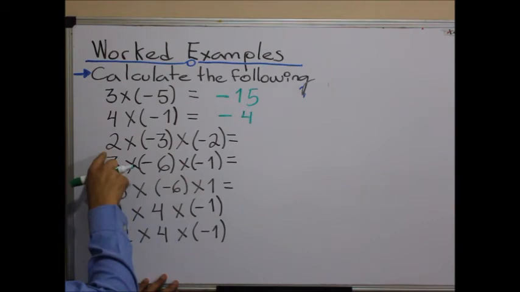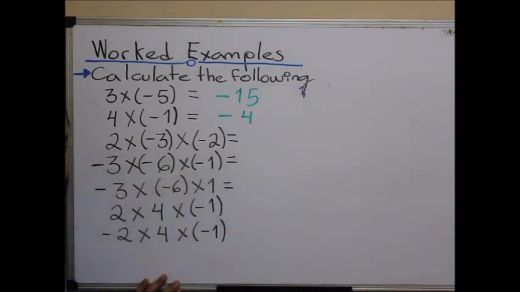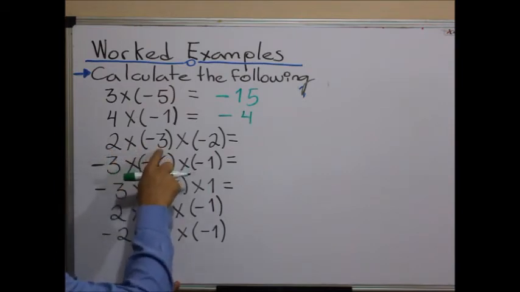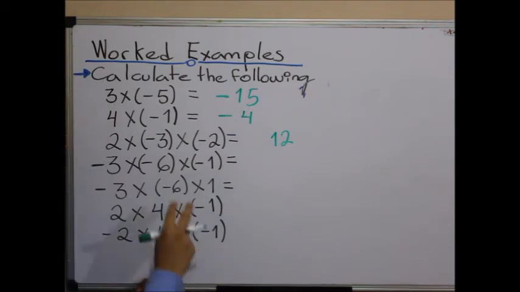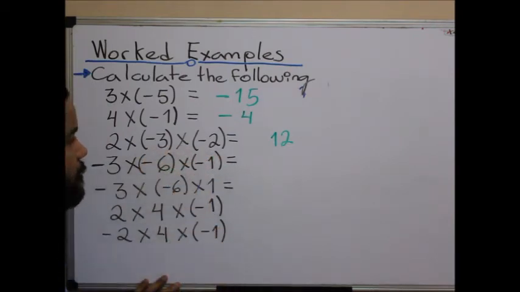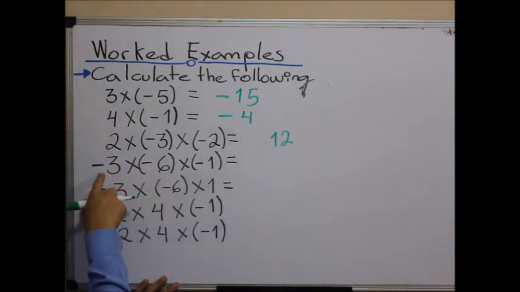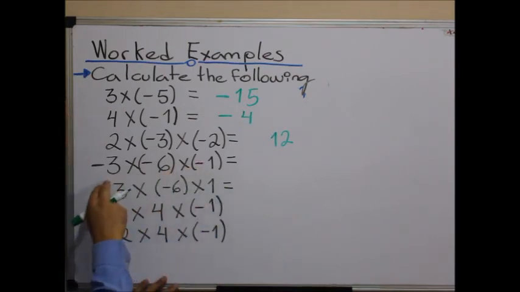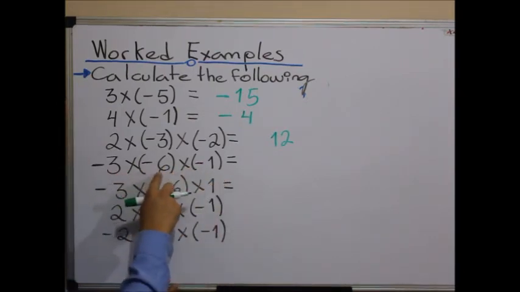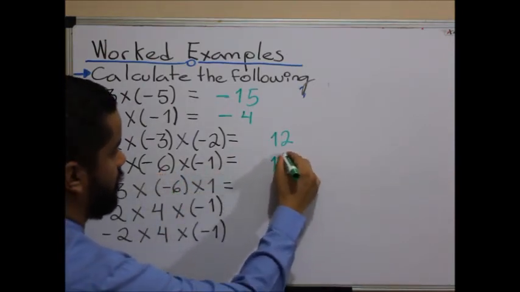Now the next one is 2 times negative 3 times negative 2, so we're going to multiply just the numbers. 2 times 3 is 6, 6 times 2 is 12, and we're having there just two negative numbers, so our solution will be positive. Now negative 3 times negative 6 times negative 1, so we're going to multiply just the numbers. 3 times 6 is 18, 18 times 1 is still 18.